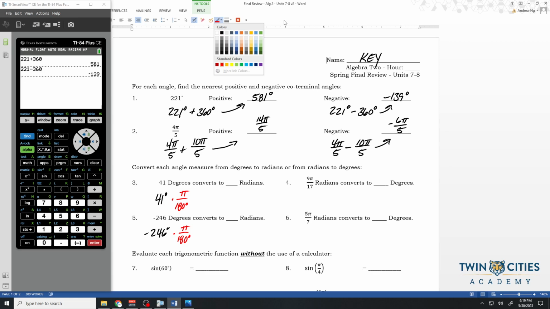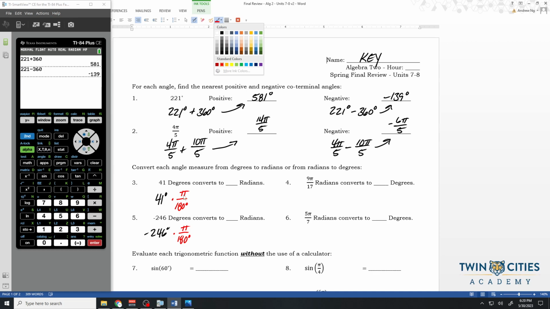I actually got this from 2 pi being the same as 360 degrees, and then I just simplified that to pi over 180. Since these are the same, I'm really multiplying by 1. And of course, multiplying by 1 means the value is going to stay the same. Now, I'm going to change the way that this looks, but I'm not going to change the value of what we have.